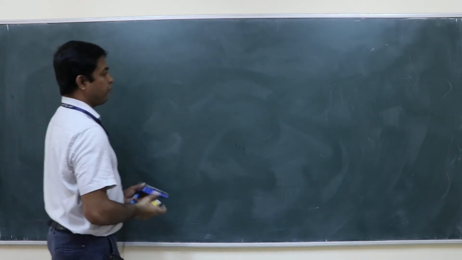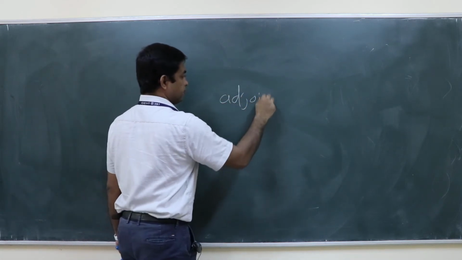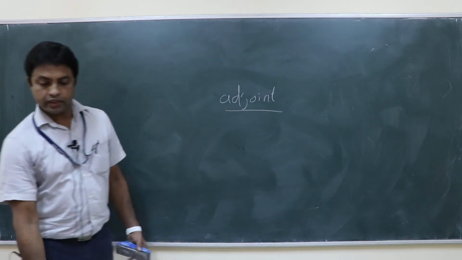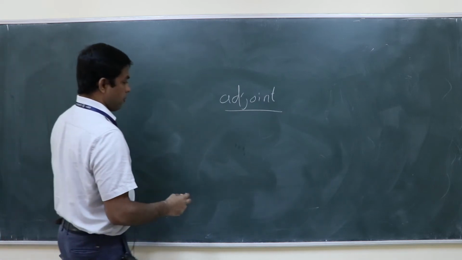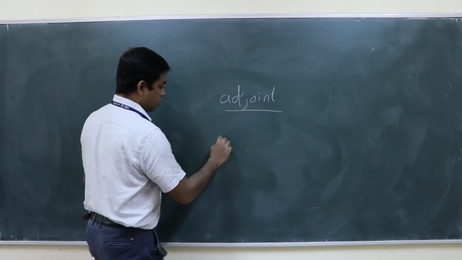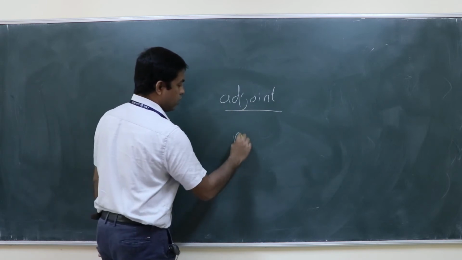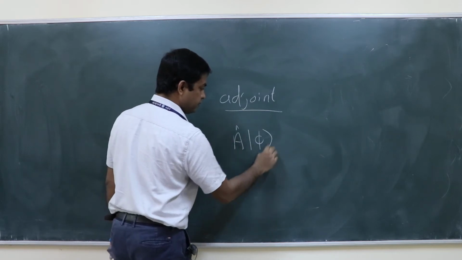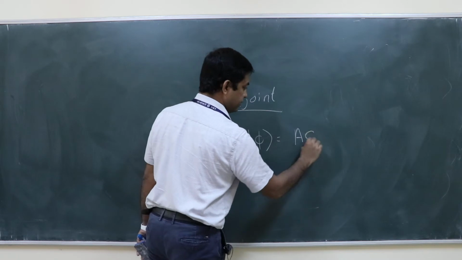So now we have to define the adjoint of an operator. How will you define the adjoint of an operator? I'll use some notation now. An operator A acting on phi, I use the notation A phi.